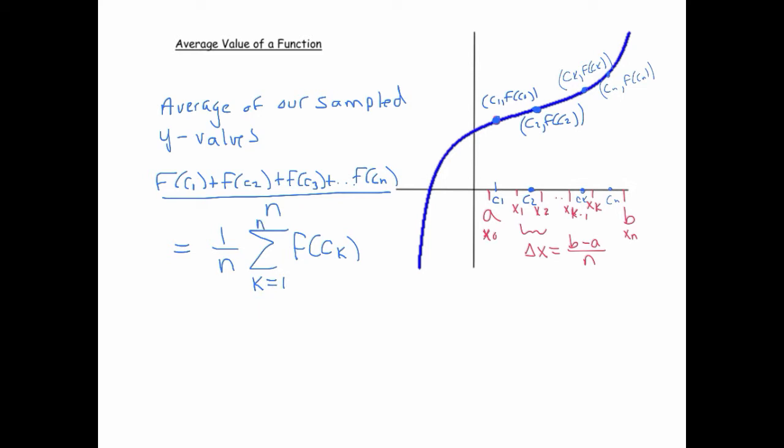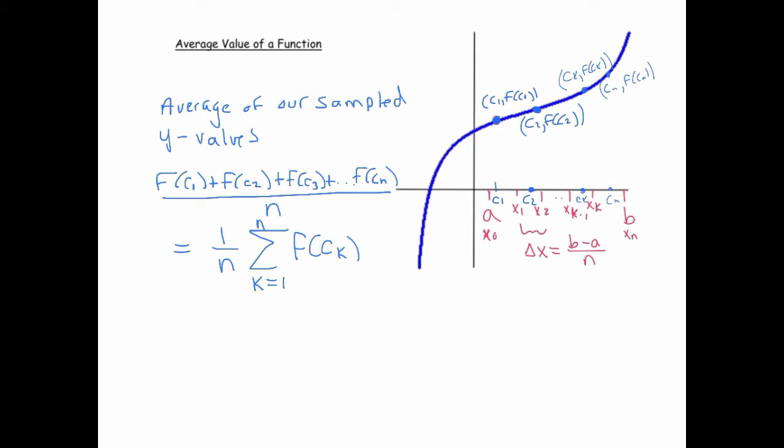And now I'm going to utilize a little trick, because I can manipulate this and turn it into a Riemann sum, which can then be turned into an integral. And once we have the integral, we know we've made the number of subintervals go to infinity. And we're hoping that we'll get the actual definition of the average value.